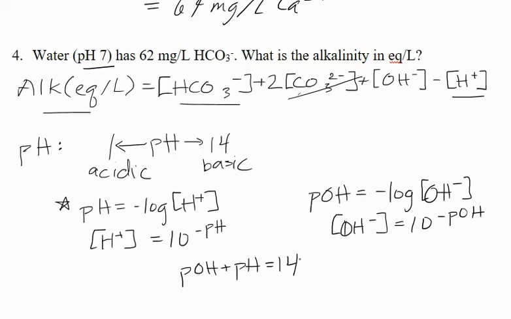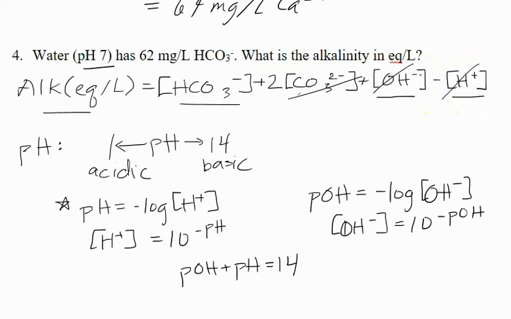I'm not going to do all of this math, but if you take this relationship, you'll see that pOH also equals 7, and you'll come to the conclusion that the concentration of OH equals the concentration of H plus, and so those cancel out as well.